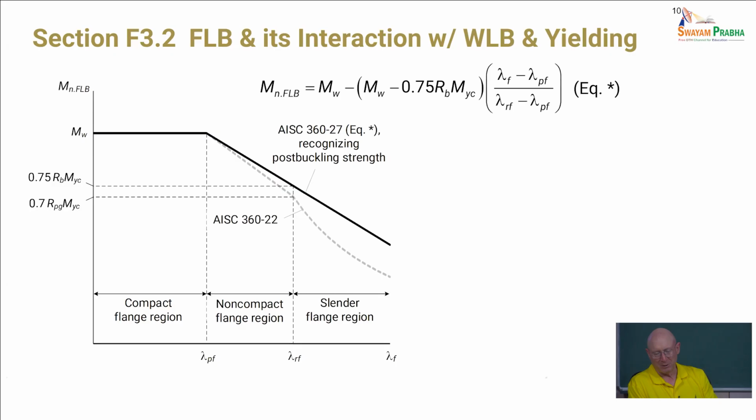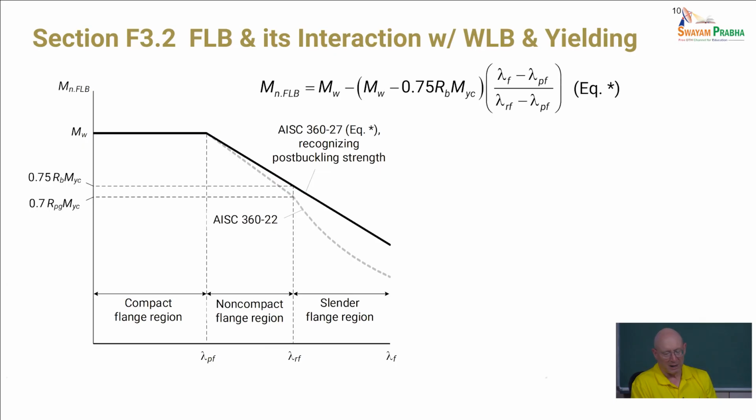So here the slenderness is of the flange, BF over 2TF is lambda F. And the flange local buckling rules have been liberalized a bit. You can gain some significant advantages in this case if you have non-compact or slender flanges in compression.